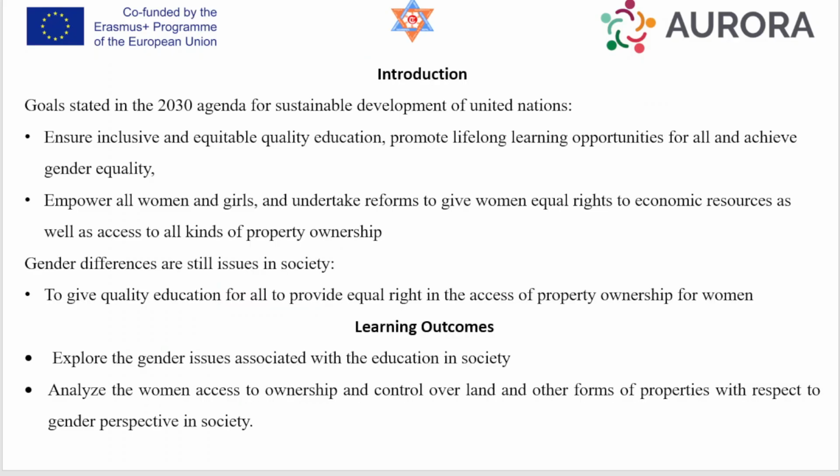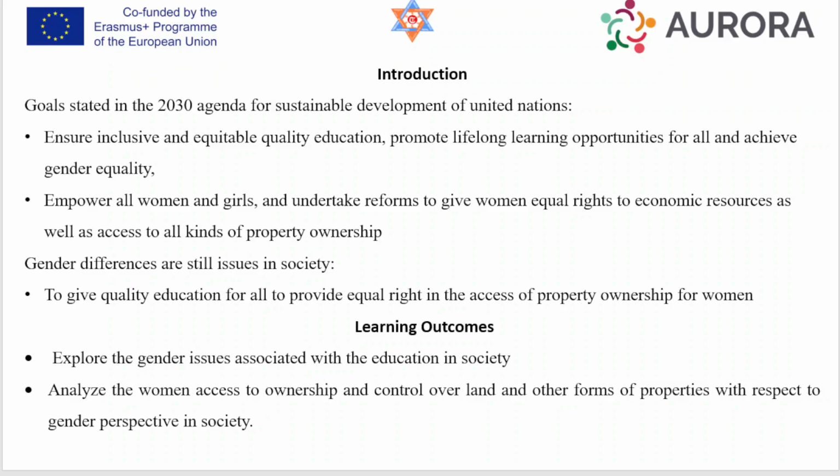Introductions. Gender is the social characterization of being men and women in society, which has given them different roles, opportunities, powers, and status in various sectors of society, including in education and property ownership.